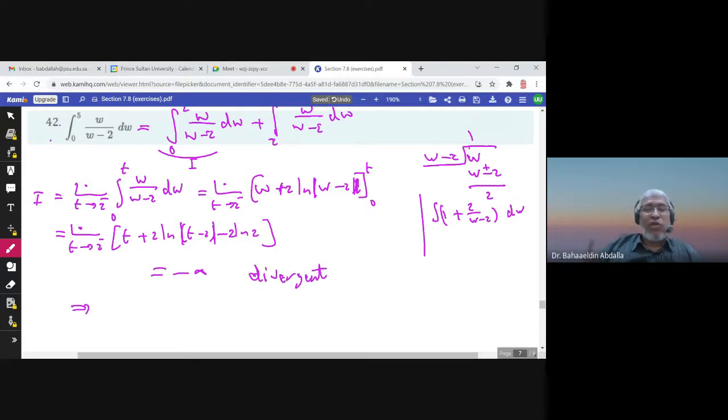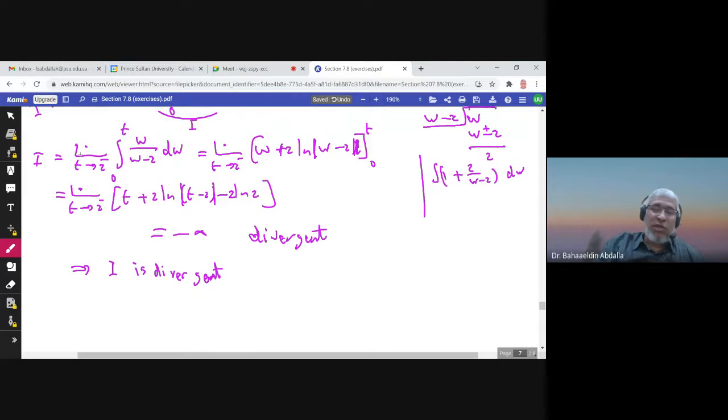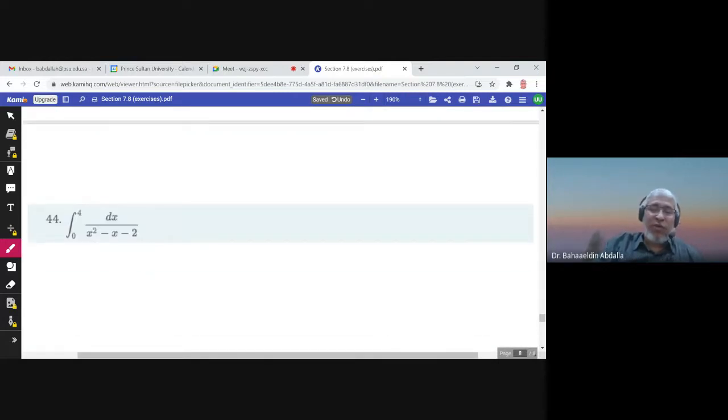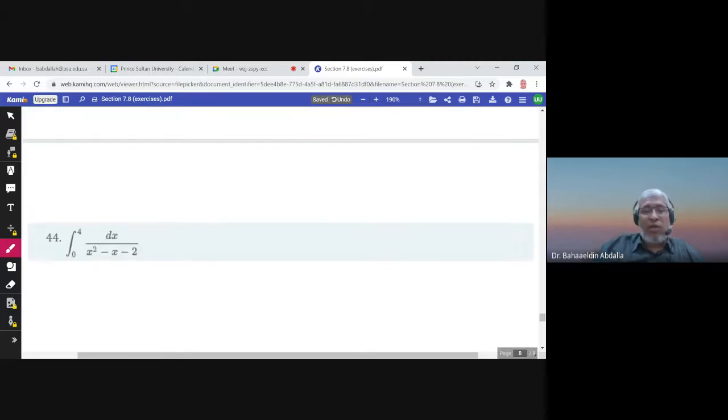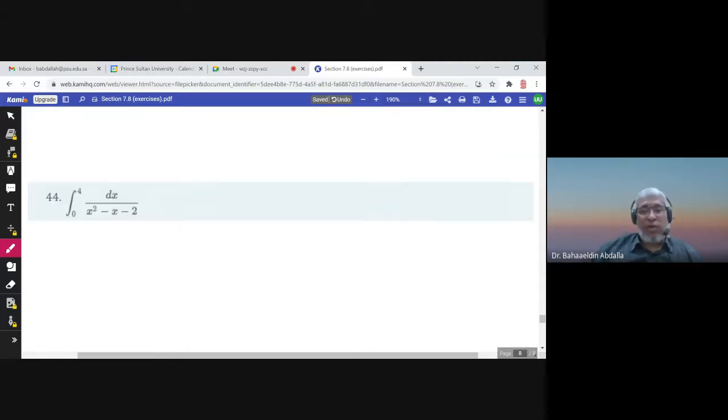So the original integral is divergent. So if the two integrals are convergent, you add them and you say that the original integral is convergent, but if one of them is divergent, then immediately the original integral would be divergent.